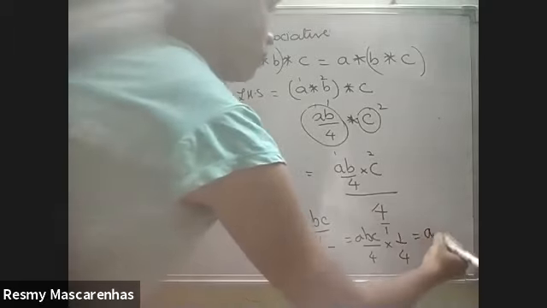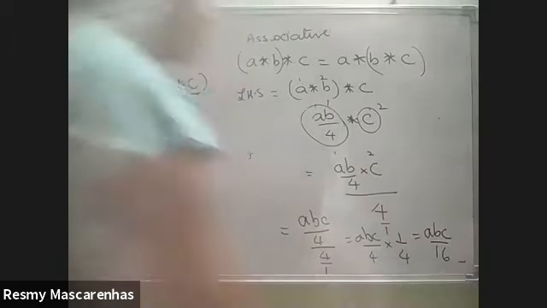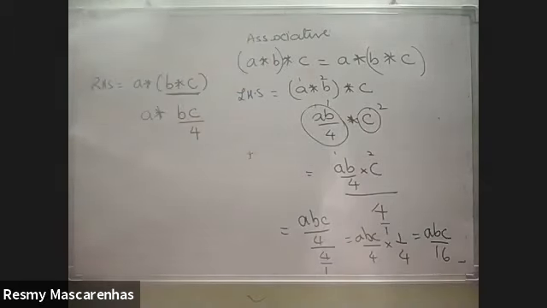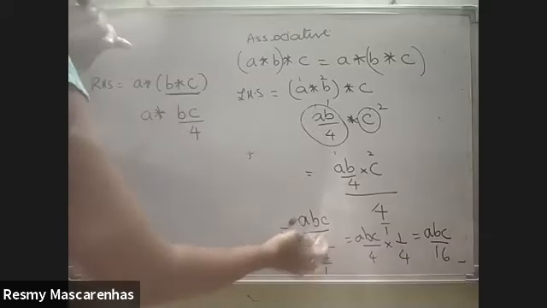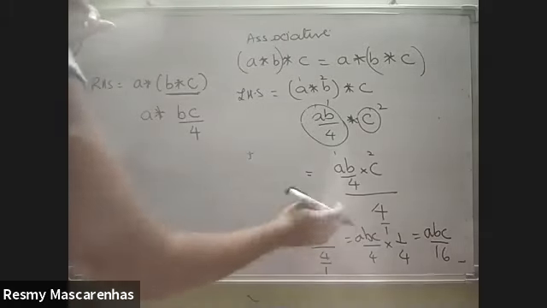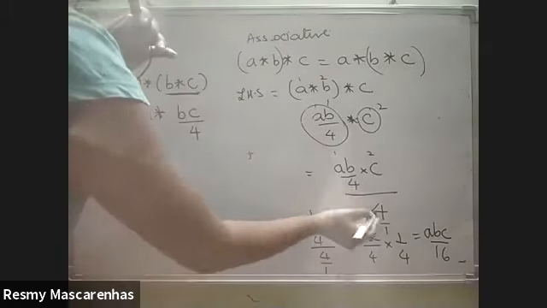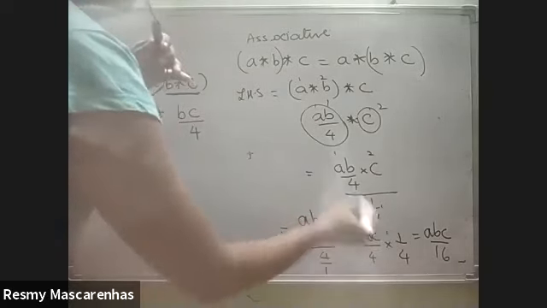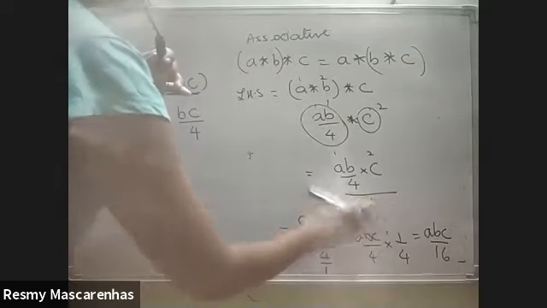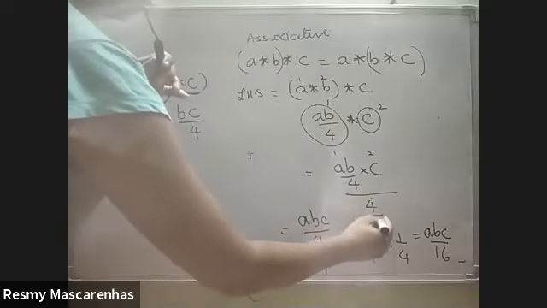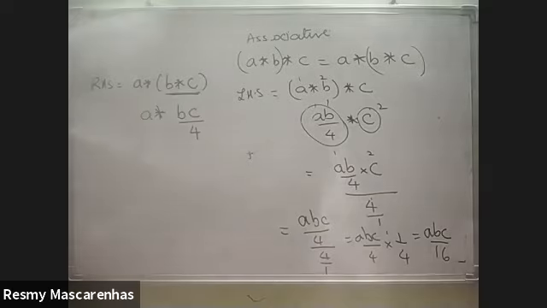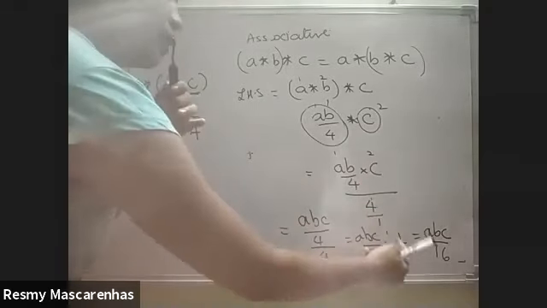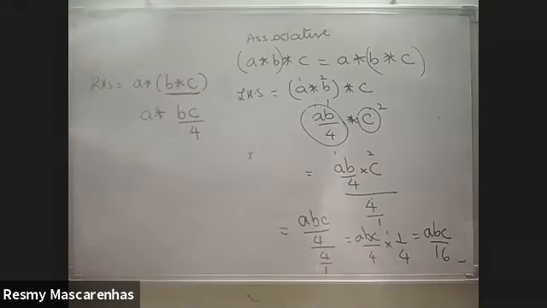That's why it will become A, B, C upon 16. This type you will have to know by now. You can cancel only alternate. This is not alternate. If it was something like 1 upon 4, then you could cancel because this was alternate. This is 4, so you have to take it like 1. And then once you reverse it, it will become 1 by 4. And then it will become 16.